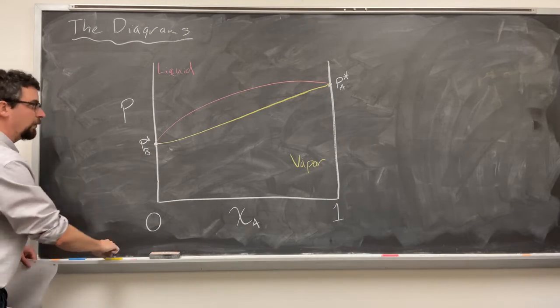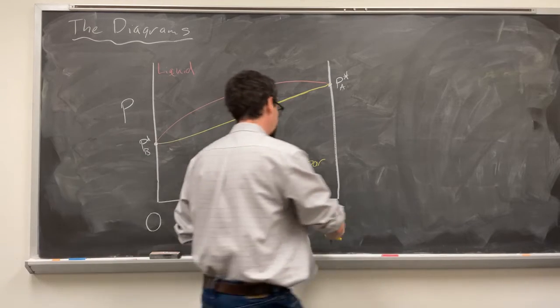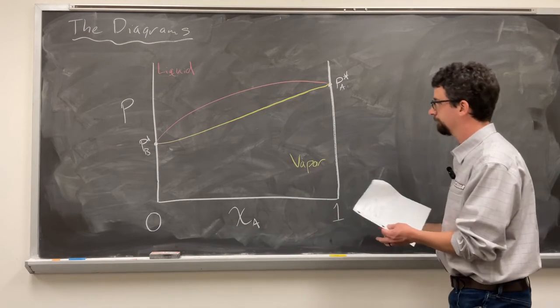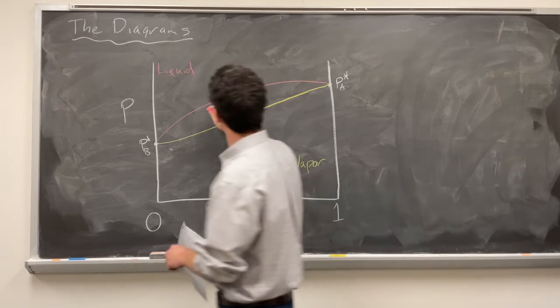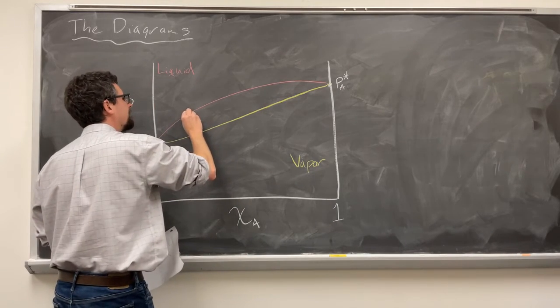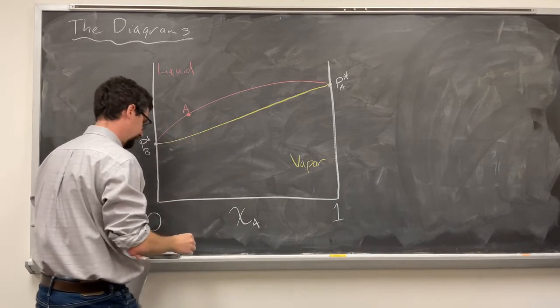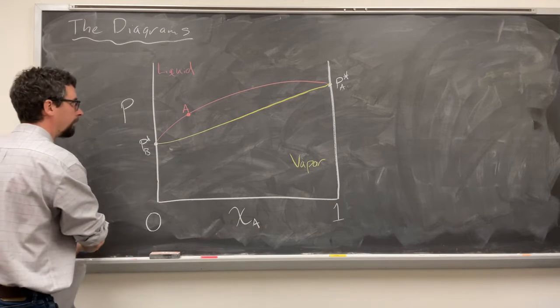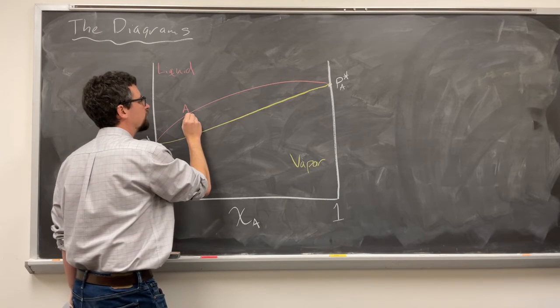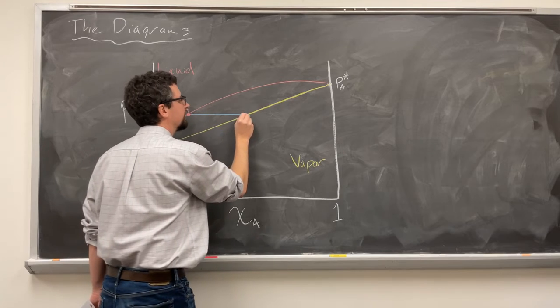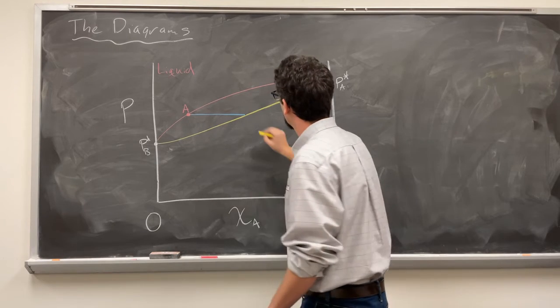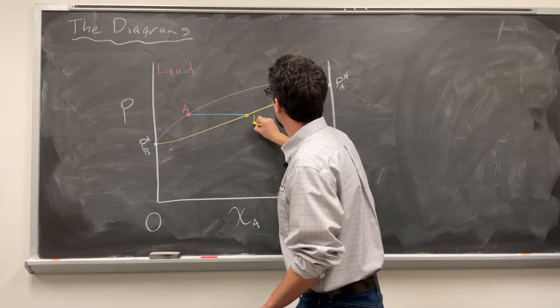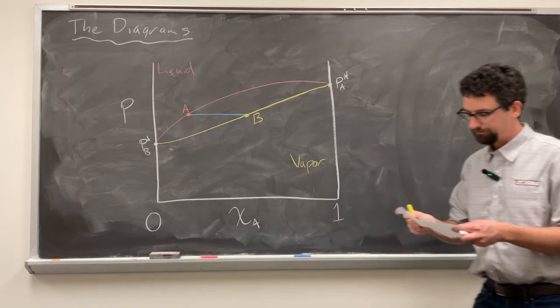Okay, and we're going to have two specific points we're going to consider. We're going to have point A, and then directly across, if we cut across to the vapor line, we'll have point B.